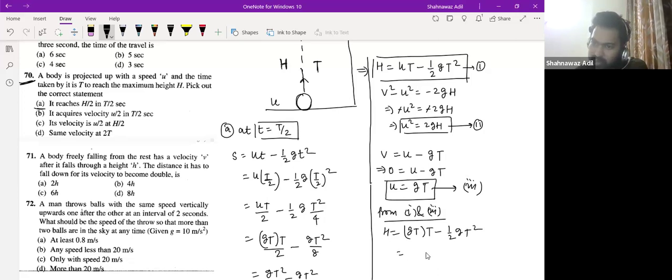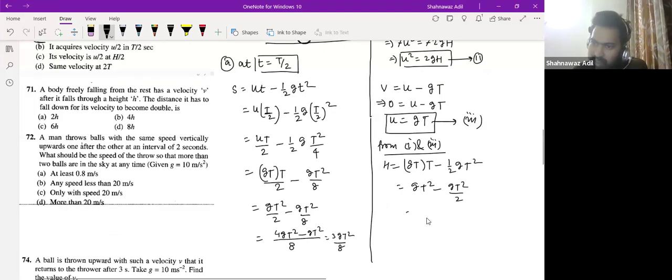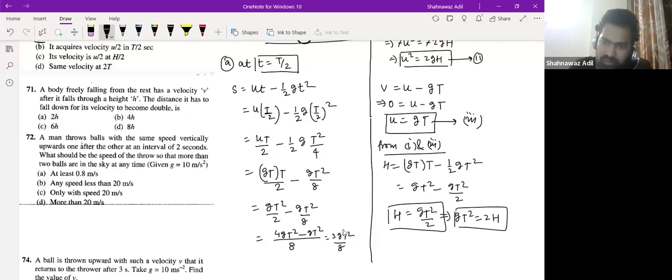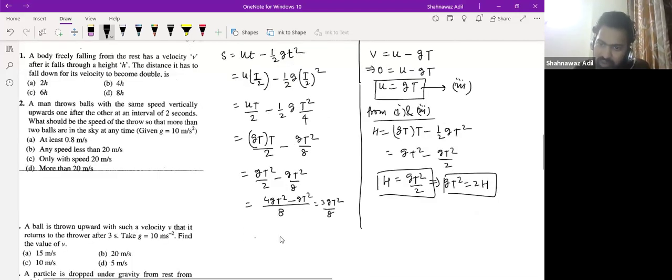So this is gt square minus gt square by 2, which is gt square by 2. This is h, so I can write gt square as 2h. If I put this value in here, it is 3 times 2h by 8, so this is 3 by 4.